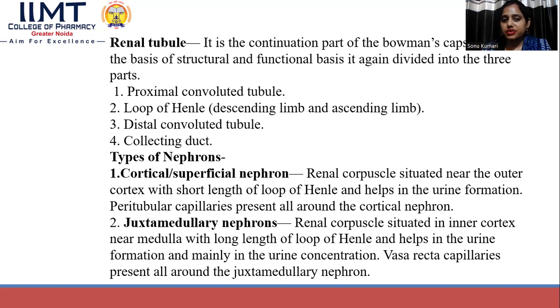Second is juxtamedullary nephron. Renal corpuscles are situated in inner cortex near medulla with long length of loop of Henle and help in urine formation and mainly in the urine concentration. Vasa recta capillaries are present all around the juxtamedullary nephron.